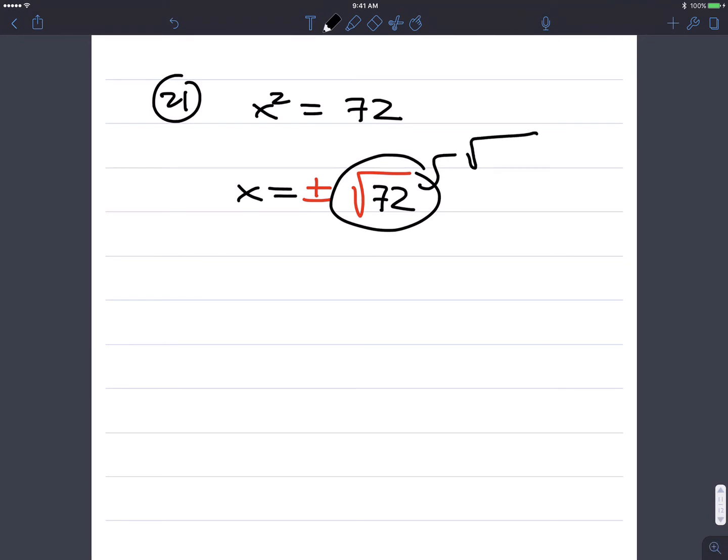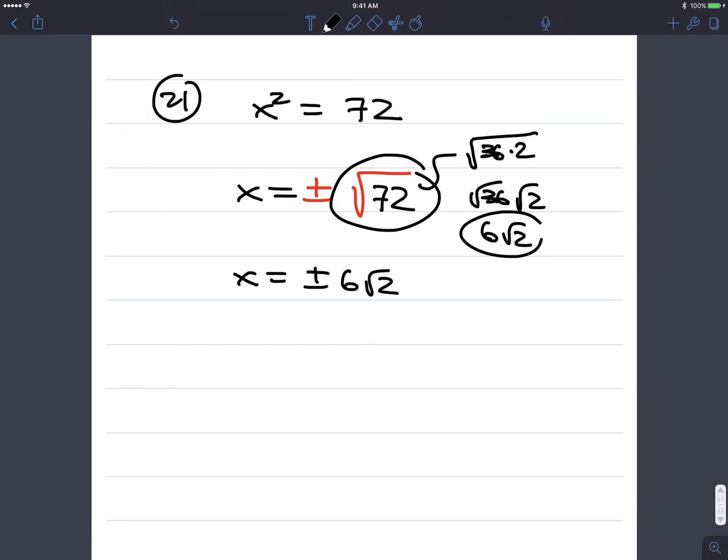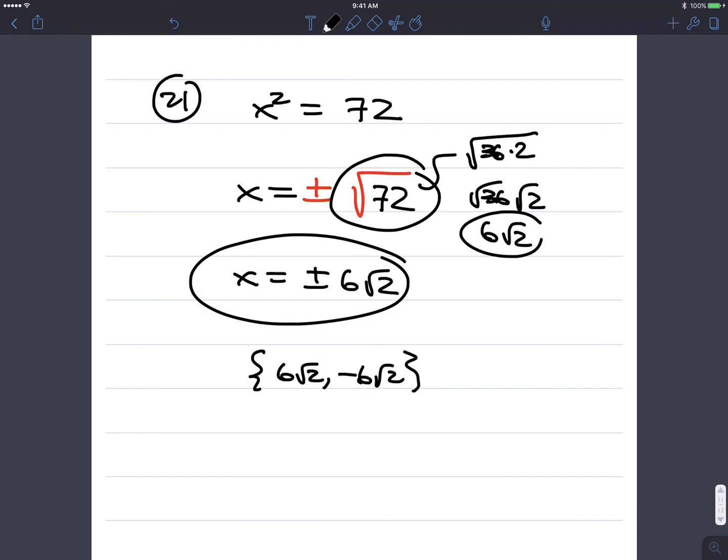Now, 36 times 2, the square root of 36 is 6, so 6 square root of 2. x is plus or minus 6 times the square root of 2. That's our solution. It's 6 square root of 2 and minus 6 square root of 2. And you're done.